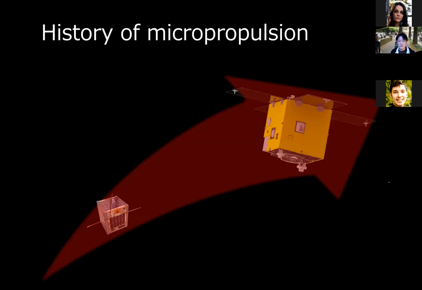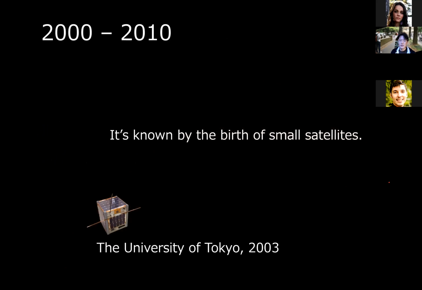Before that, please let me start from the history of micropropulsion and microsatellites. Roughly from 2000 to 2010, this period is the dawn of small satellites. Actually, the first CubeSat successfully operated in space was launched in 2003.